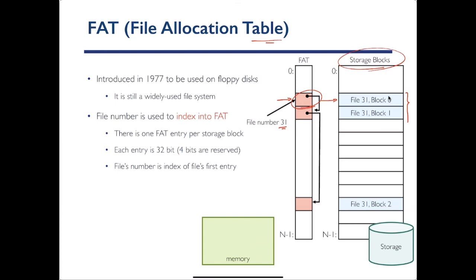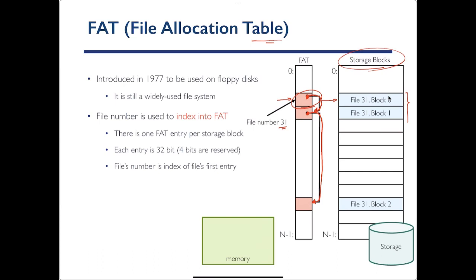The rest of the blocks are just a linked list. Once you have your first one, you look at that entry in your FAT, and it's going to point to the next one, and the next one is going to point to the next one. So you have a linked list of FAT entries, and each one of them points to the next block. That's how you can find all the blocks corresponding to your file.